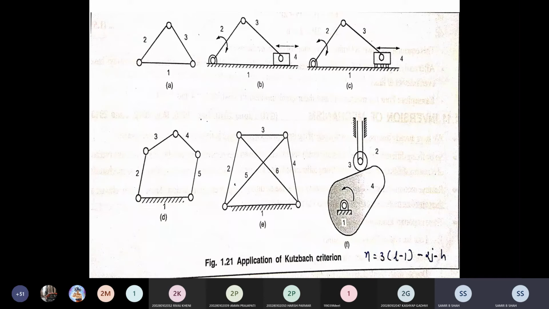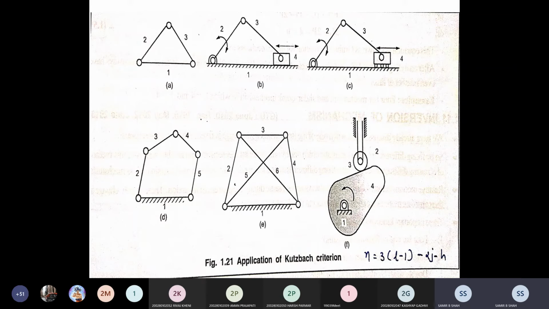So the number of links L is equal to 4, and the number of pairs is also 4. Right now it may not look exactly proper, but it is also a link joint, and it indicates the reciprocating motion. So there are 4 links and 4 binary joints.